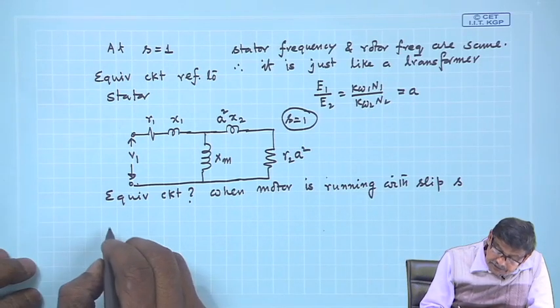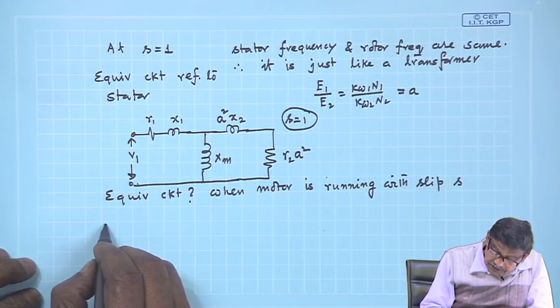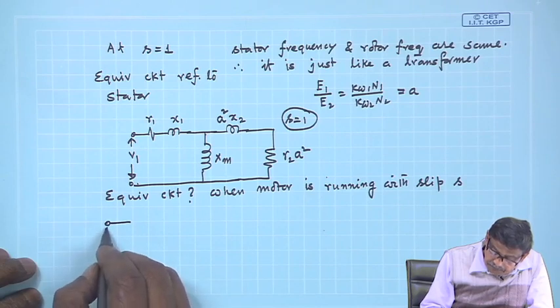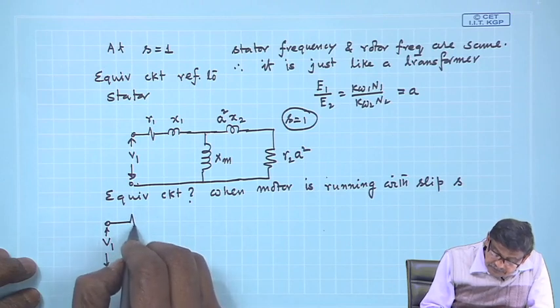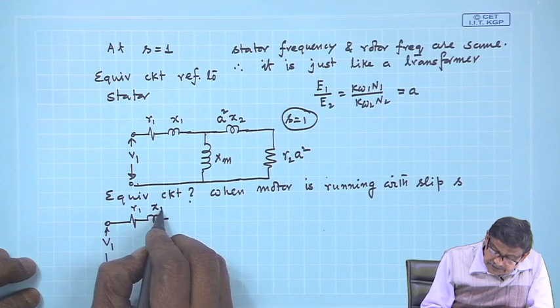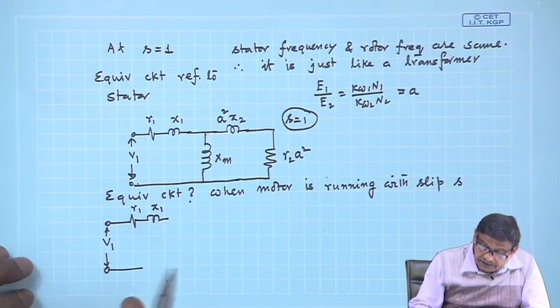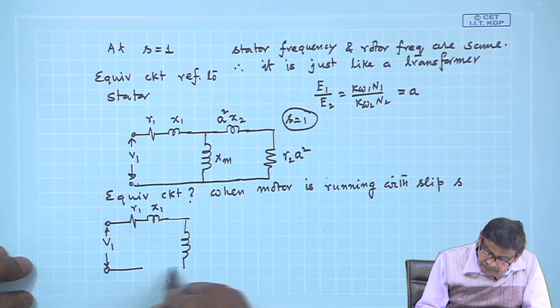Under that condition, if I draw the primary and secondary coil separately, it will be like this. V 1 is the applied voltage per phase on the stator windings. This is R 1, leakage resistance and leakage reactance of the stator, and this is your jXm.